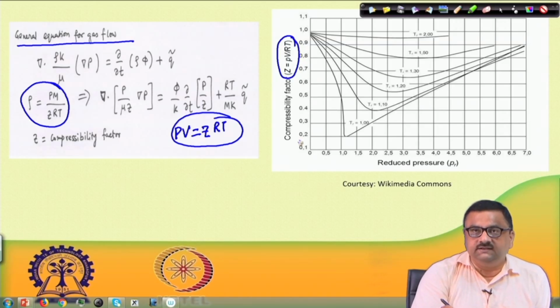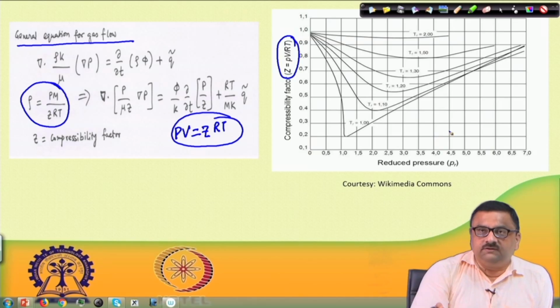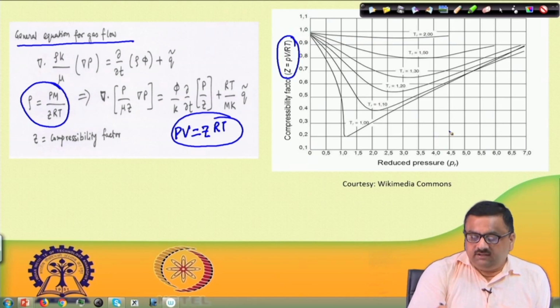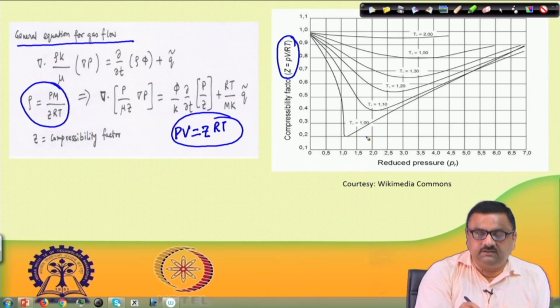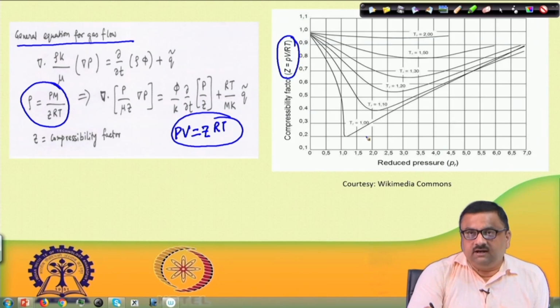One has to find this Z from the compressibility factor chart, where the compressibility factor is plotted as a function of reduced pressure, which is basically the existing pressure of the system divided by the critical pressure, and at different reduced temperatures, T in absolute scale divided by the critical temperature. So, from this chart one needs to find out what Z is.